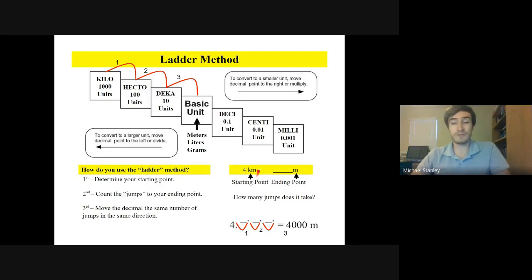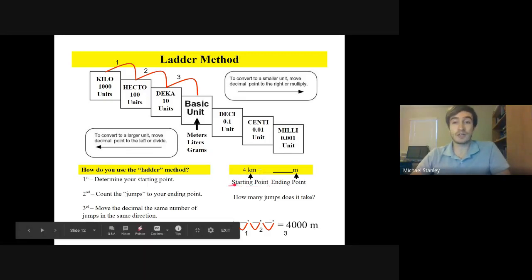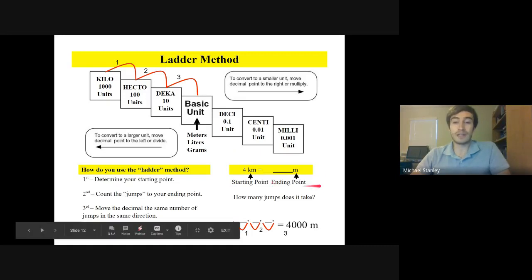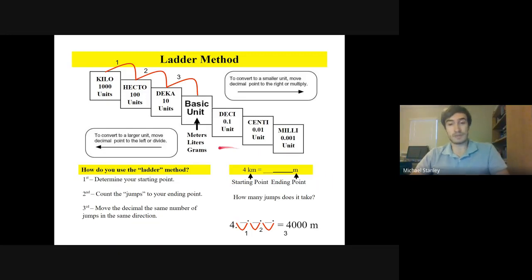We know 4 kilometers, we want to know how many meters. Kilometers are our starting point, and meters are our ending point. So 4 kilometers, that's kilo for kilometers, so that's going to be up here. That's our starting point. And then our ending point is meters, our base unit.